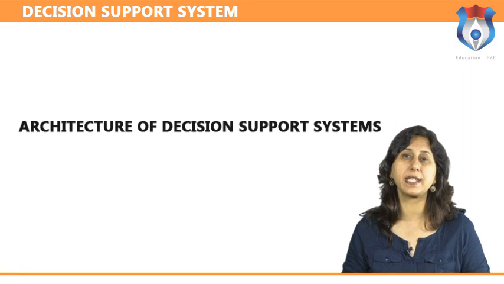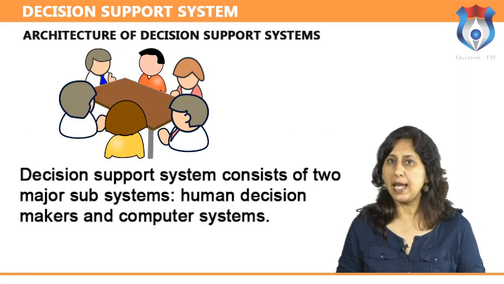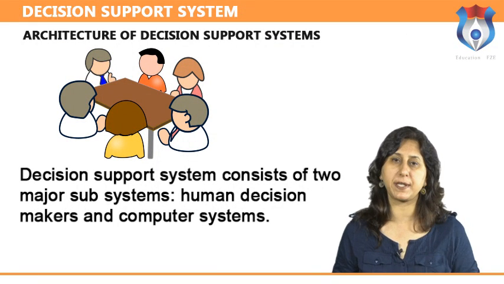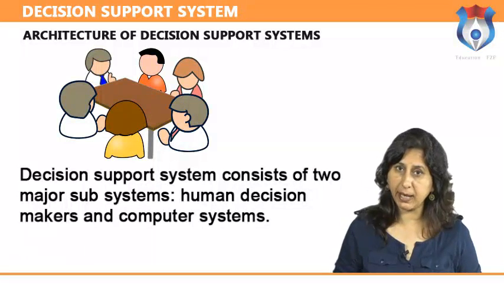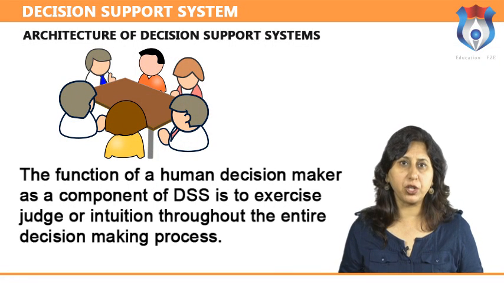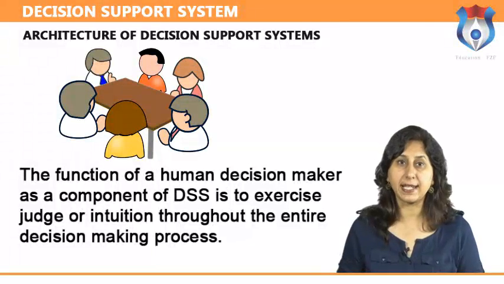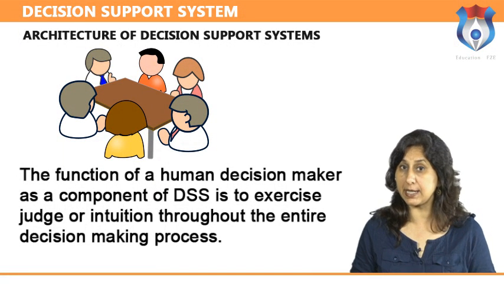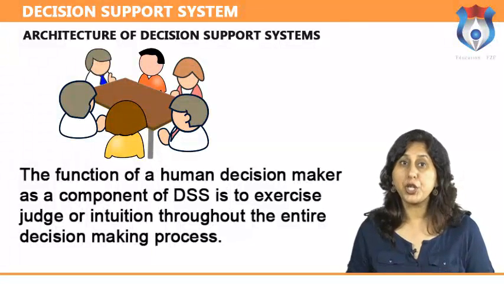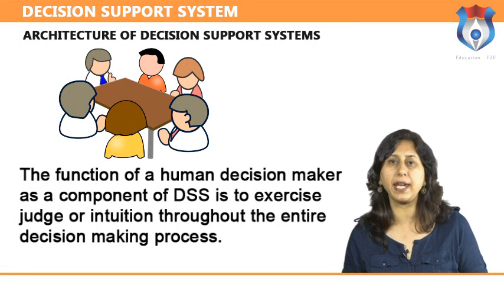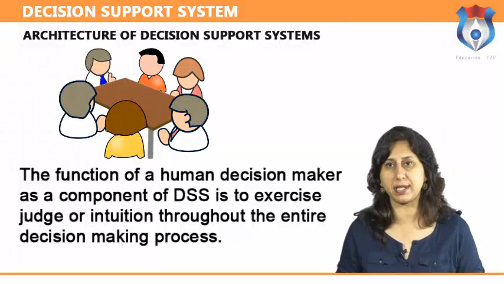Architecture of decision support systems. A decision support system consists of 2 major subsystems: human decision makers and computer systems. The function of a human decision maker as a component of a DSS is not to enter data to build a database, but to exercise judgment or intuition throughout the entire decision-making process.